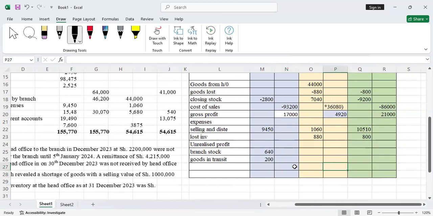So we can now get the summation of our expenses. Then these guys have a total of what?